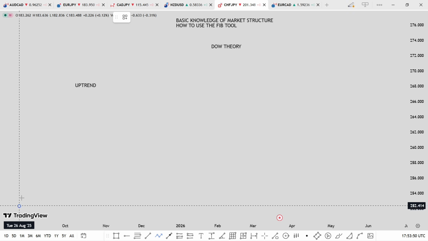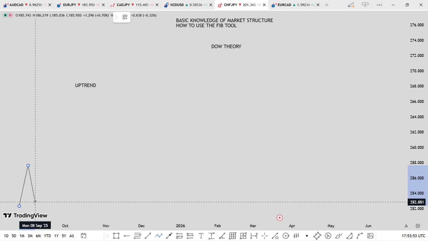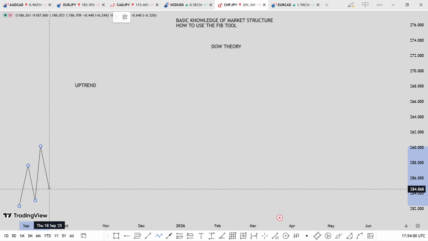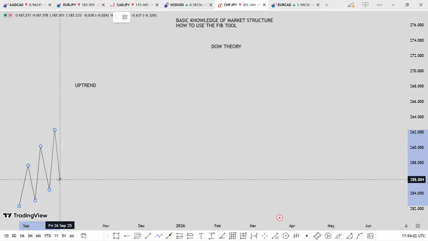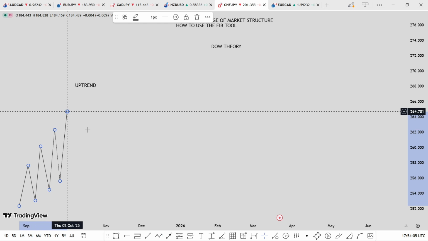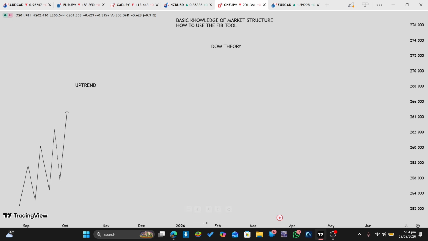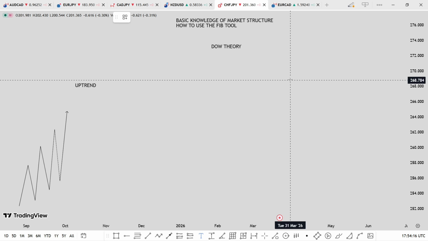We have a low, then a high, a lower high, a higher high, a lower high, a higher high, a lower high, a higher high. So this is how the uptrend is according to Dow theory.